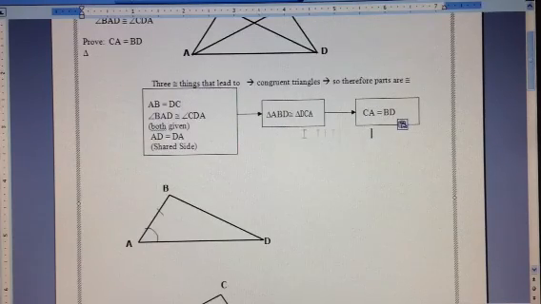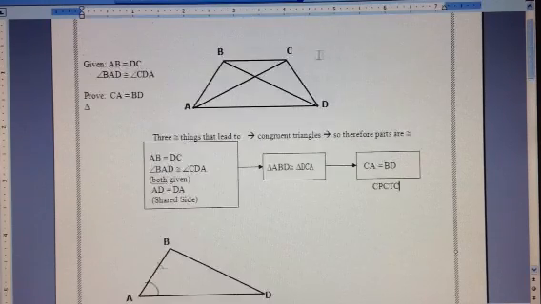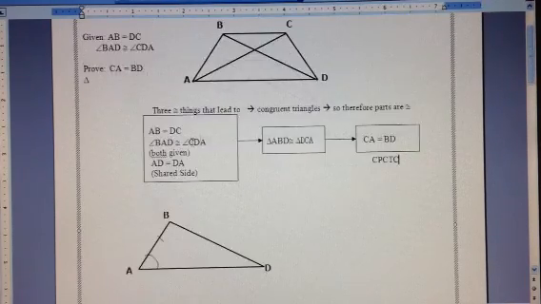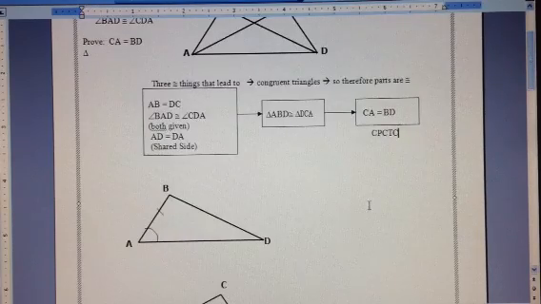And of course the reason for that would be CPCTC. And again, the Brightstorm video talked about that. That stands for corresponding parts of congruent triangles are congruent. And there we have our proof. It's really just, again, a way to organize information that we already figured out about the picture. Just have to organize our thoughts so that it makes sense. It tells you the three things, the triangles, and then what that proves.